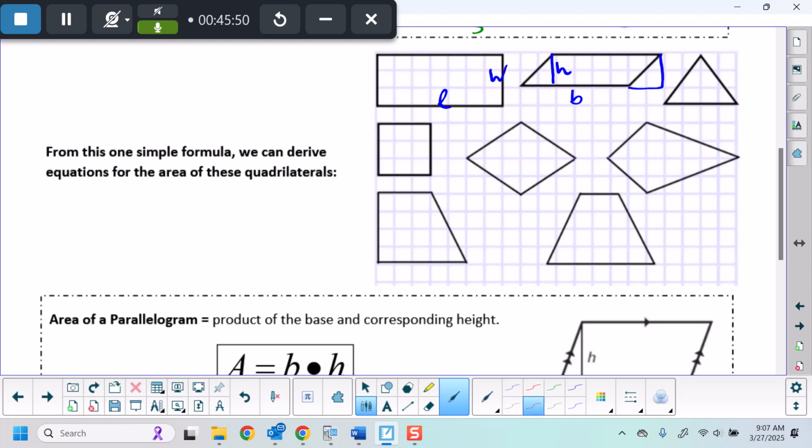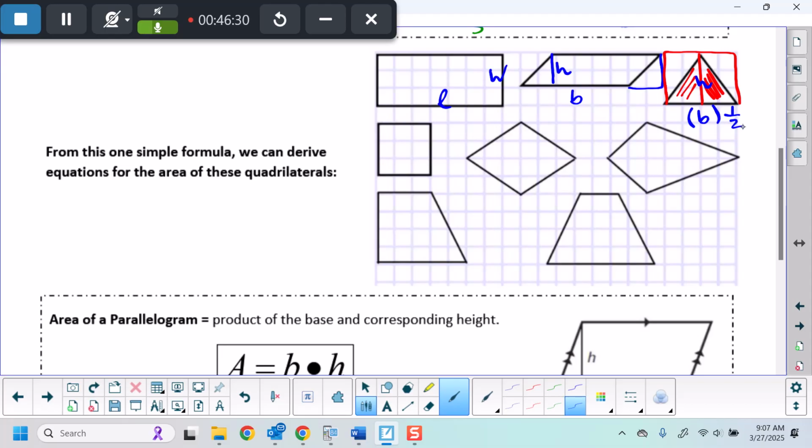Did you know that every single triangle is 1/2 of a rectangle? So if I look at this triangle, I can see that it is 1/2 of that rectangle that's constructed around it. So guess what I can come back to? The area of a triangle is always base times the height, but it's only going to be 1/2 of that total space.